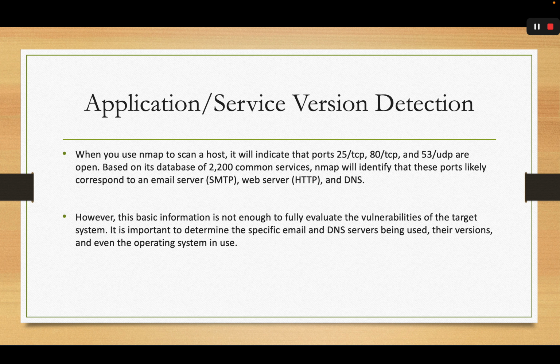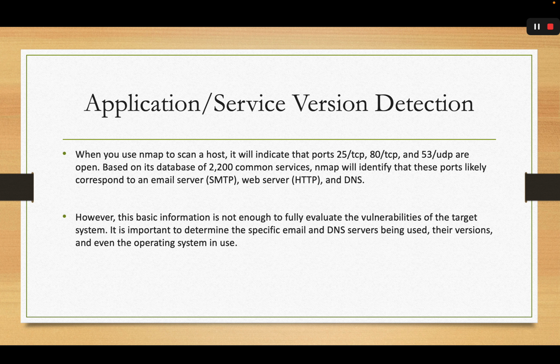Now, the Nmap service probes database includes various probes for querying different services and matching expressions that can recognize and analyze responses. Nmap uses this information to determine details such as the service protocol, like is it FTP or SSH or Telnet.